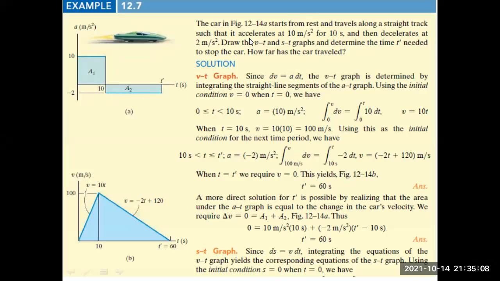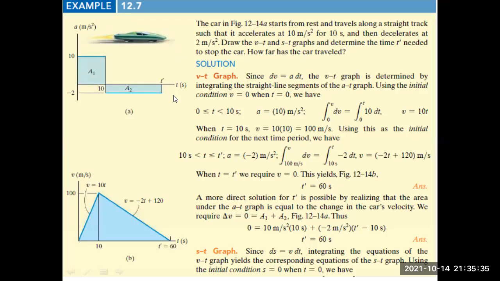So let us see what the question is asking for. Draw the VT and ST graph and determine the T prime needed to stop the car. How far has the car traveled? Okay. So now we have one given thing. We have A versus T as a graph.